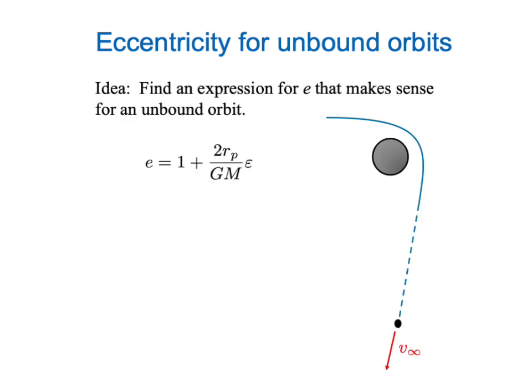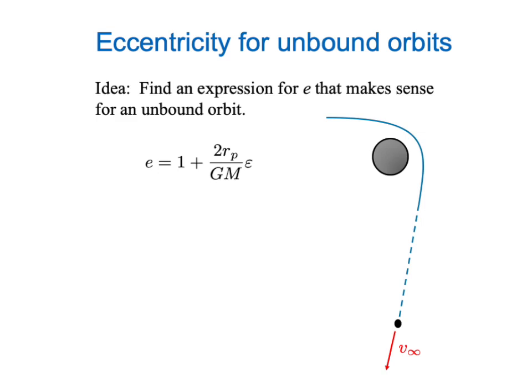So, let's suppose we have a satellite making one of these hyperbolic flyby passes around a planet, and the eccentricity is given by the expression that we've already found. Now, because this is an escape orbit, an orbit that allows the satellite to escape the planet, it has a value we call v sub infinity, the asymptotic speed. That's the speed the satellite has when it's a very great distance away from the planet, either before or after the encounter.